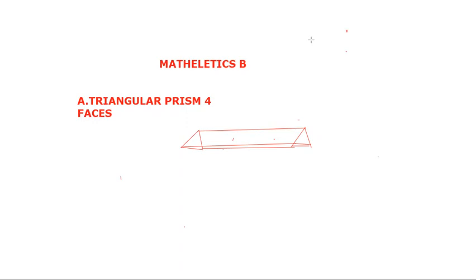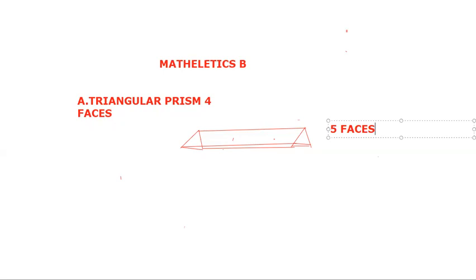Let me show you. This is a face, a triangular face. This is another face, a triangular face. This side is a face, and that very side and behind this face is another face. So 1, 2, 3, 4. And what about this lower one? So 5 faces. Fine, 5 faces.